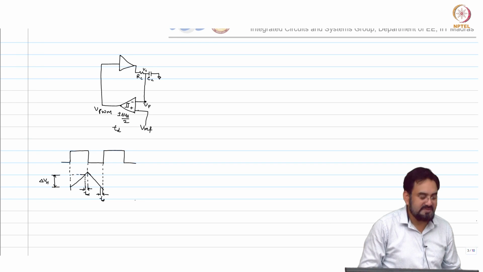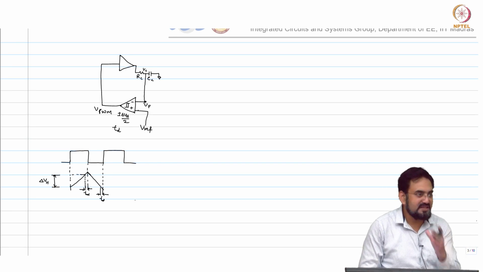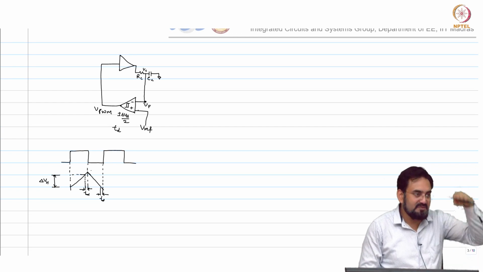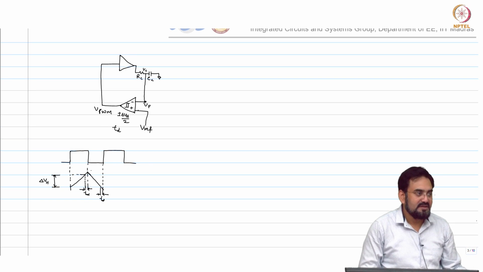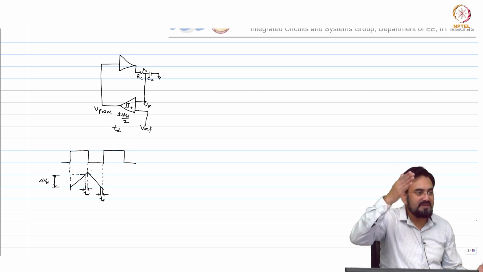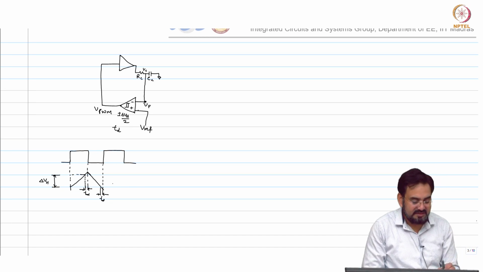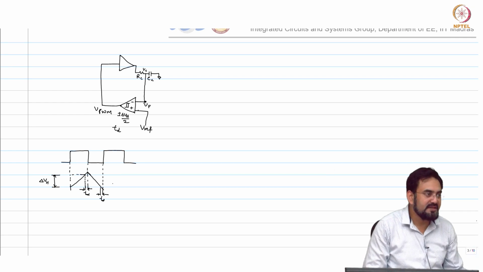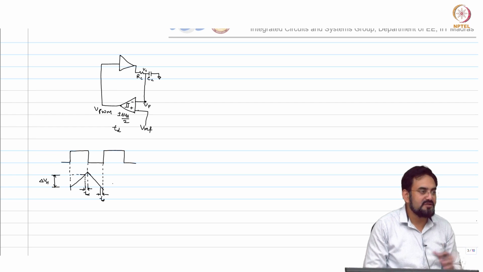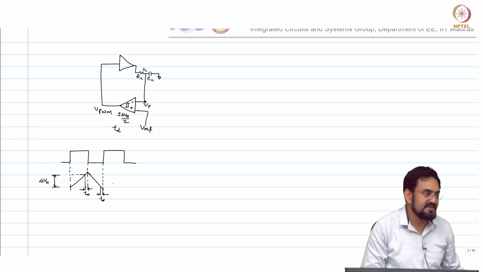At lower duty cycle your rise time is faster, so it will peak more and the valley will be less, and your average voltage will be on a slightly higher side. If you are operating at a higher duty cycle, it will be discharging faster, and then your valley will be more compared to your peak and the average will be on the lower side. So, there will be an error introduced due to this delay at non 50% duty cycle, and your frequency will also change.